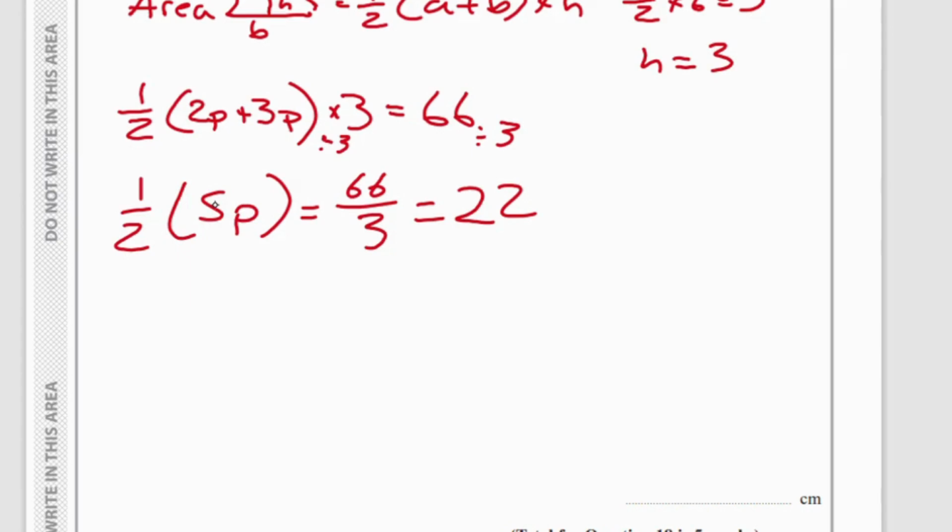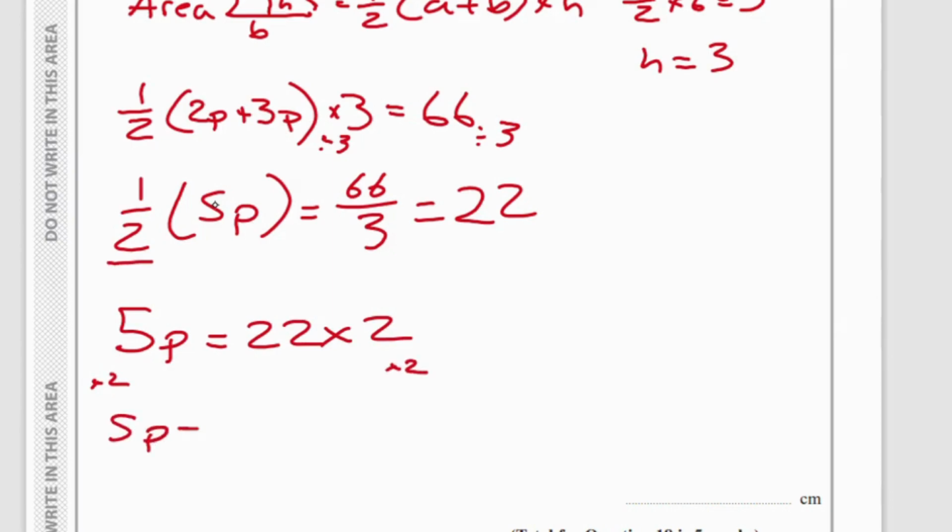Then this half goes over to the other side, right? So 5P equals 22 times 2, because we are multiplying by 2 on this side to get rid of this half here. And we are multiplying by 2 on this side, so 5P equals 44. And P is going to equal 44 over 5.